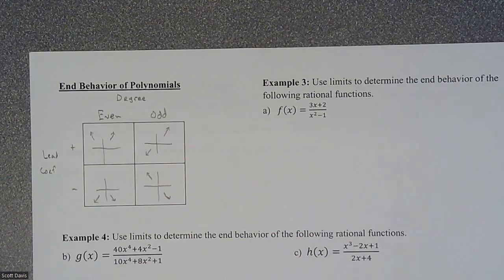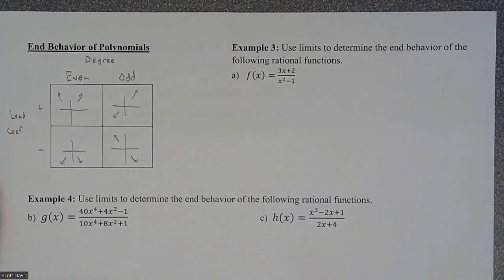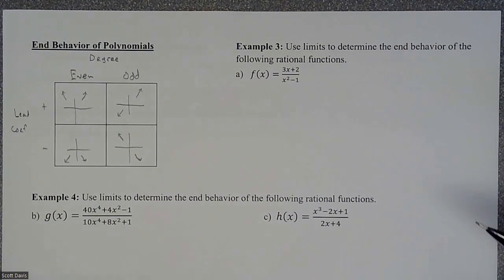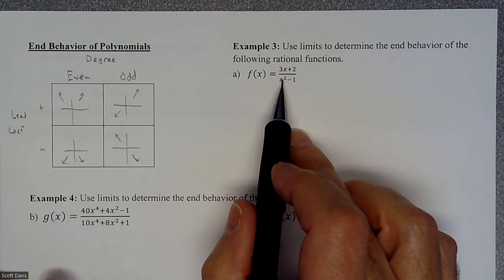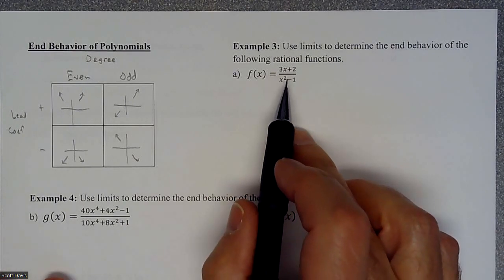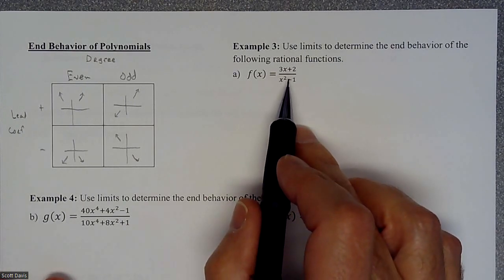So that doesn't really work with rationals. We learned some ways to do it, and we'll talk about that after we get through this. But when we're doing a limit, we still have to plug a value in. If we're doing the limit as x approaches infinity or negative infinity, we're just going to focus on positive infinity on this one.